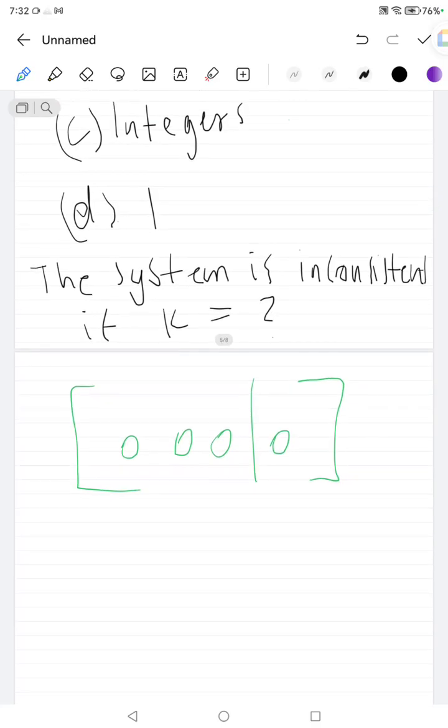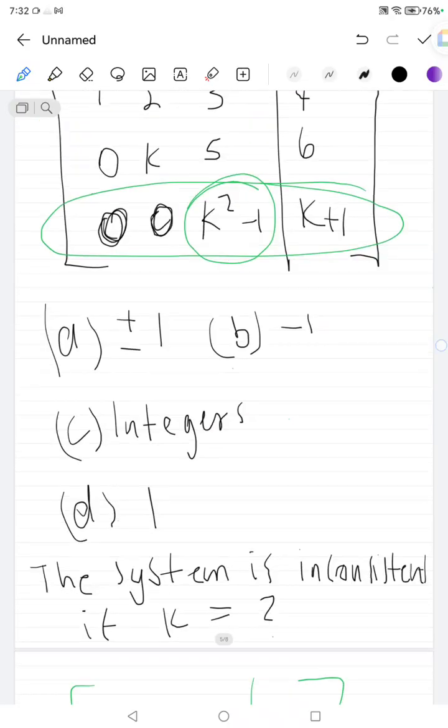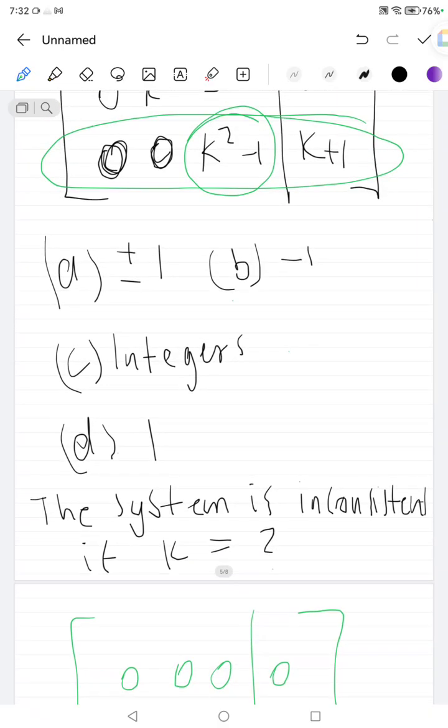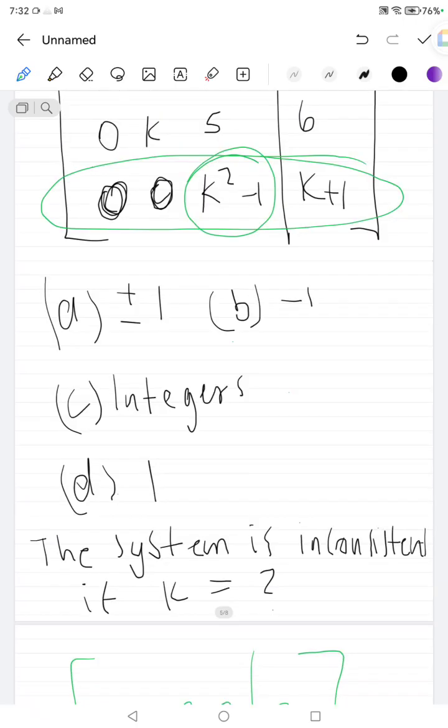Then you have k squared minus 1, which is equal to 0. Then k is plus or minus the square root of 1, which is plus or minus 1. Then you evaluate k for all the values that you get.